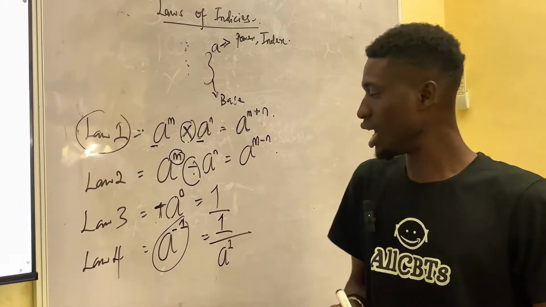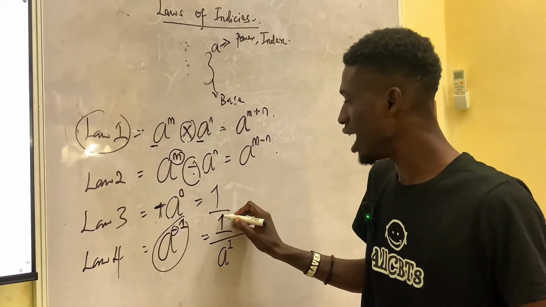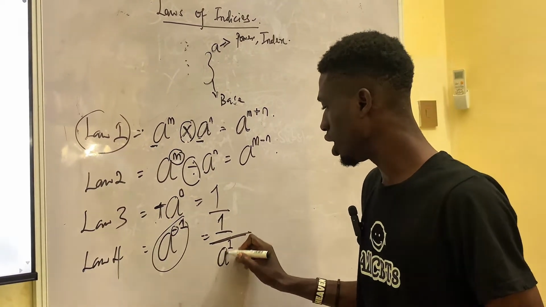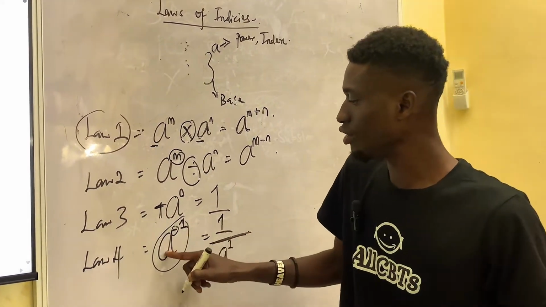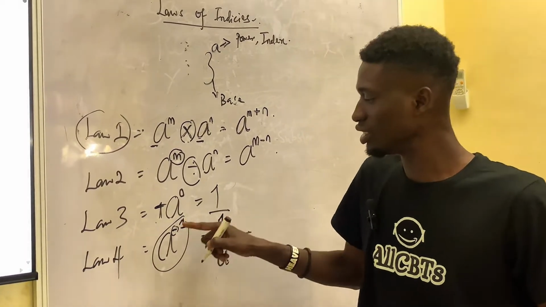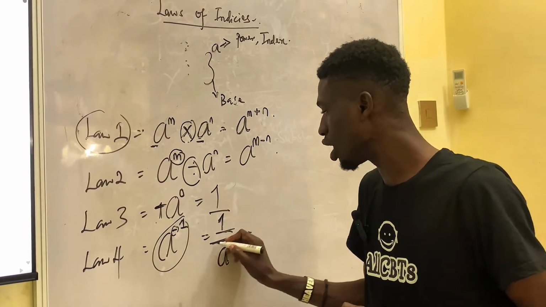Take notice of this negative sign, it has resulted in 1 over a. Then I have my base a. Then I won't write this negative because automatically this negative has turned to 1 over.